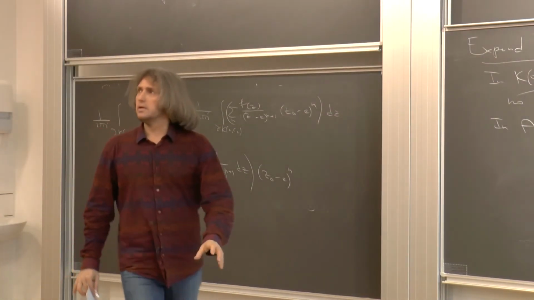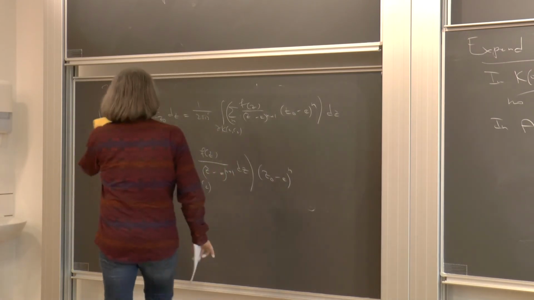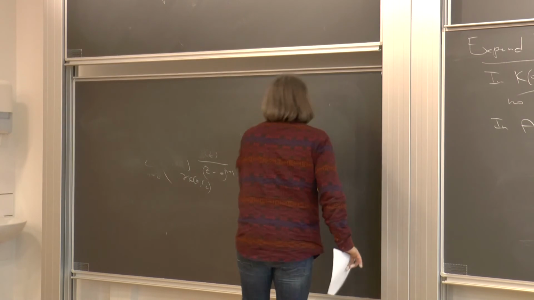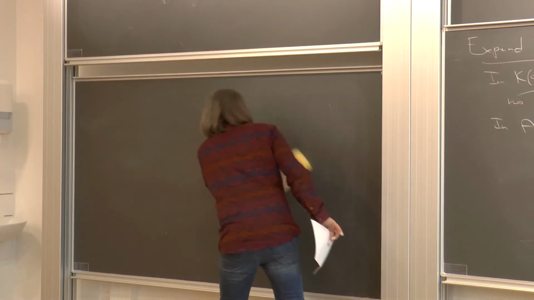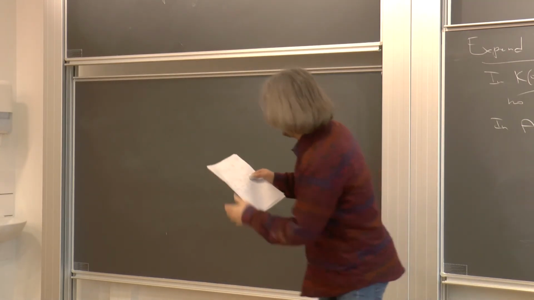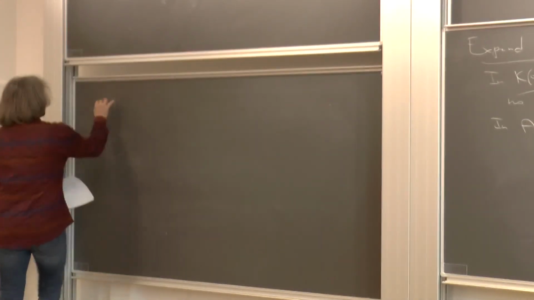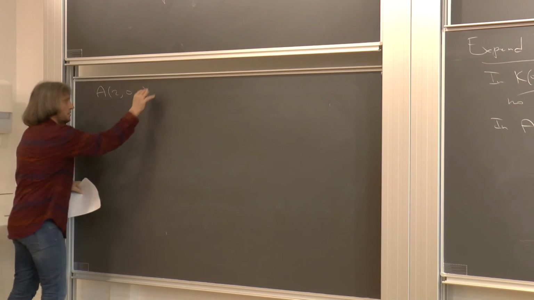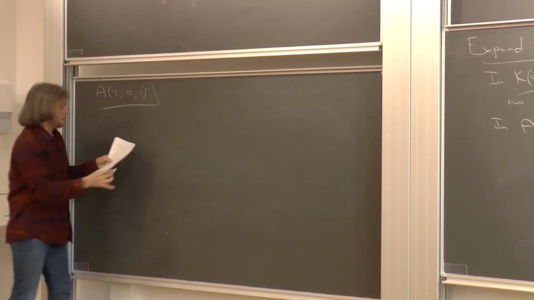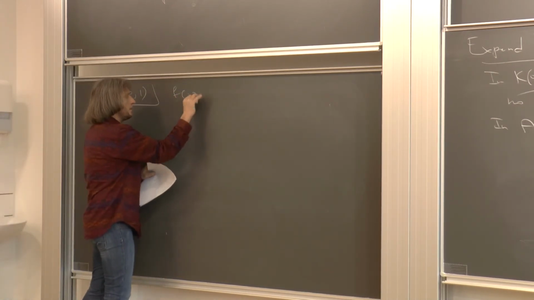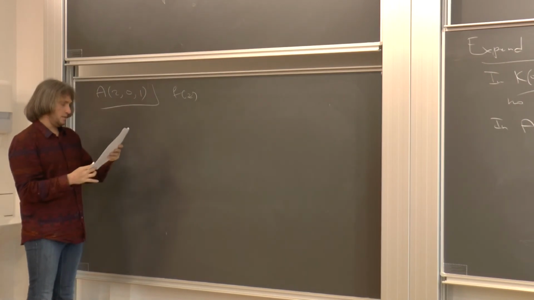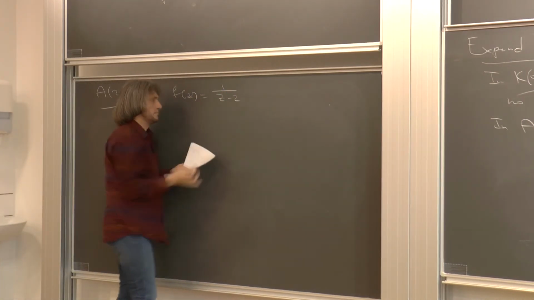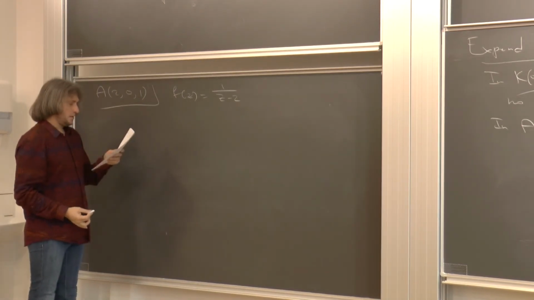So the last one I want to talk about in class is the same thing around 2. So in this punched disk around 2, we have the same f of z, and again the polar part is ready. And the rest is expanded.